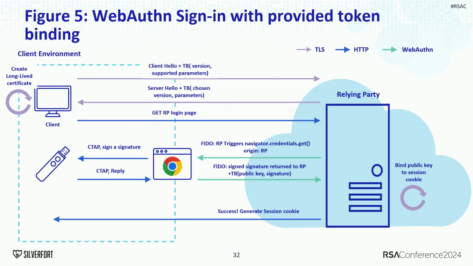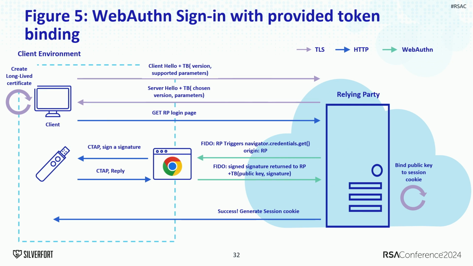So in the following diagram, I added the TLS handshake, and we can see exactly how it looks. Once the client and server hello, with the token binding extension, agree on those certain fields, then the client, or the browser, creates a long-lived certificate with a private and public key.